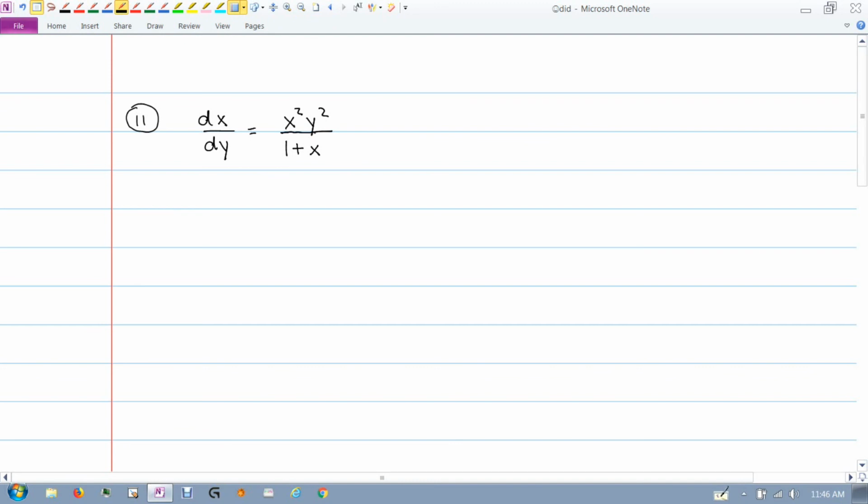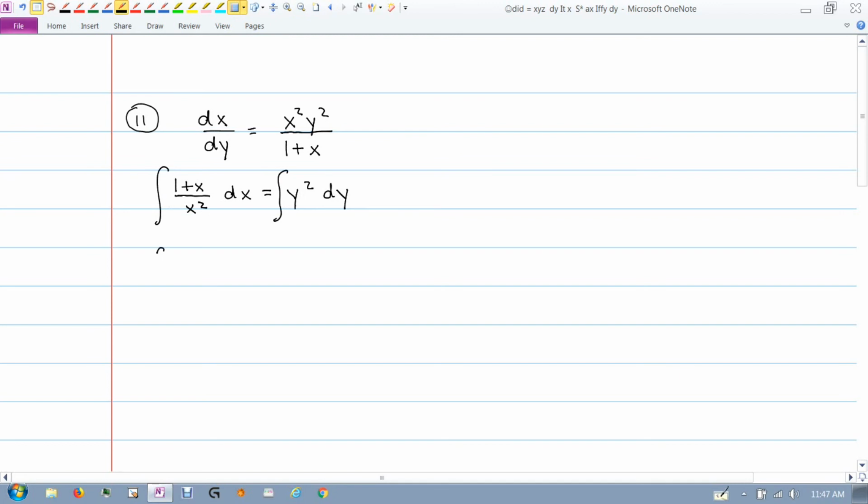All right, so we're going to need to try and get our y terms on one side, so I'm going to divide both sides by x squared and multiply both sides by 1 plus x. Like that. Leave my dx on the left. Multiply both sides by dy, which gives me y squared was the only thing left on the right. Something like that. And then we're going to integrate.